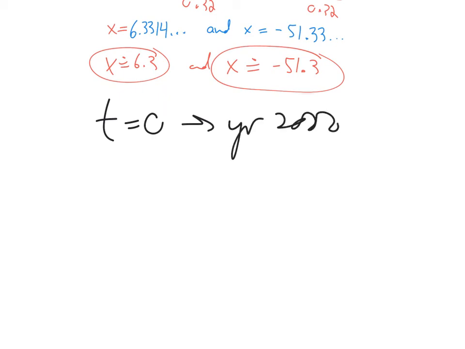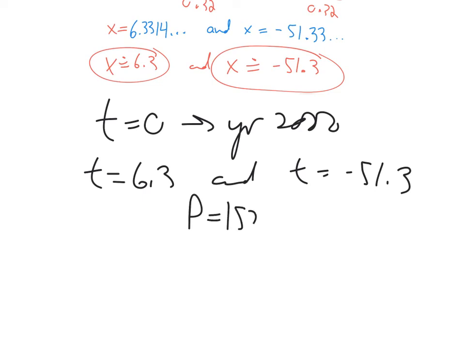So if t is positive 6.3, right, I used x because in the quadratic formula we had an x value, but that's referring to t. That t could be 6.3, and t could be negative 51.3. And if that's the case, then p will equal 152. That was the whole point of the quadratic formula, for solving for roots that are not integer values. These roots are part of the decimal family, rational numbers.